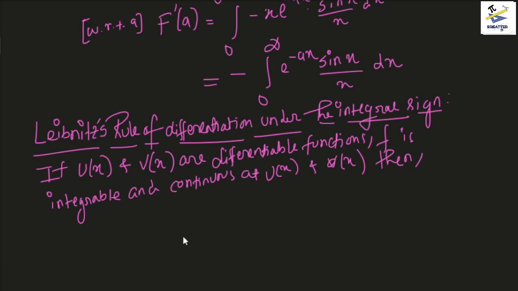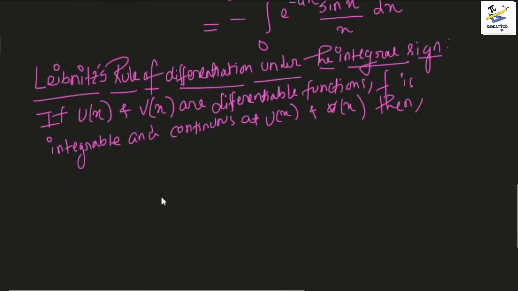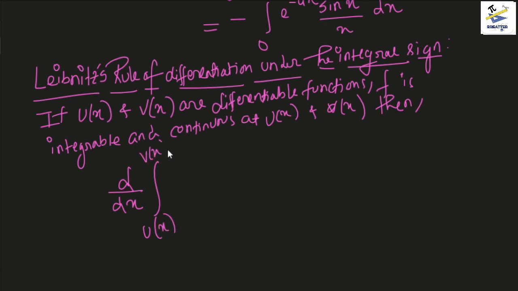then what happens is as follows. Suppose you have d dx and you have an integral, that is, you're differentiating the integral with limits of u x to v x, and inside there is a function f of t dt. We do not yet know if the function f of t has something in relation to x. So it might be the case that f is a function of two variables, three variables, we do not know yet.